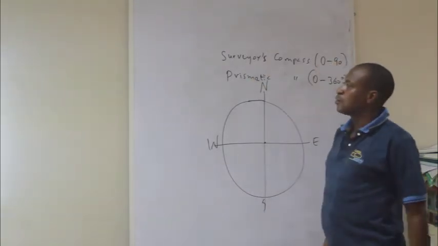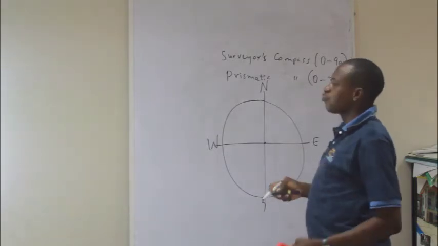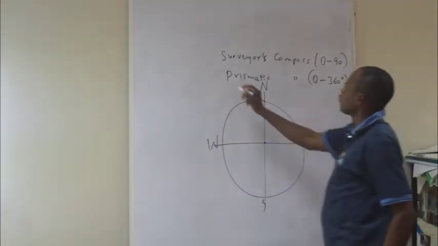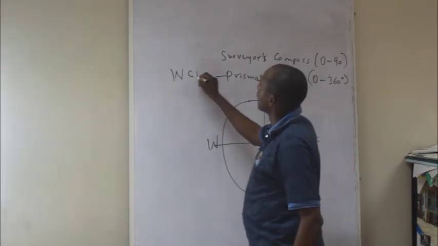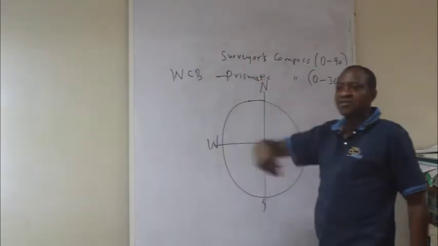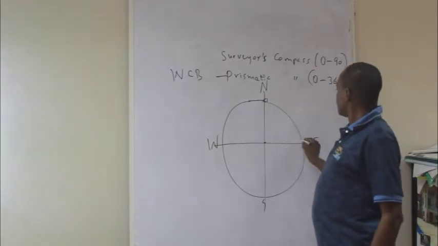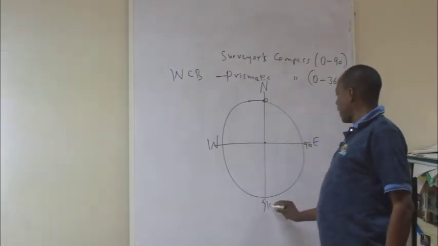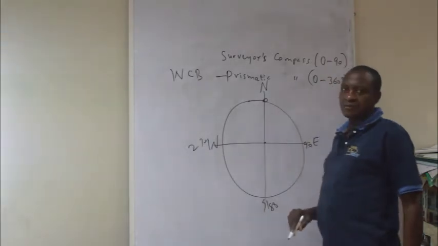The first one is whole circle bearing. The prismatic compass uses whole circle bearing, that is 360 degrees. So it starts from 0, gets to 90, gets to 180, 270, then 360.